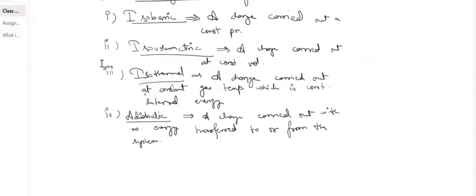Okay. So adiabatic can be the compression and expansion of the gas by the pistons, like in a diesel engine, where no heat is exchanged with the surrounding. The gas expands adiabatically.